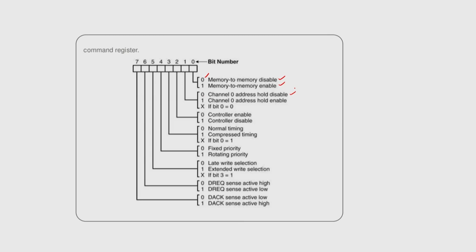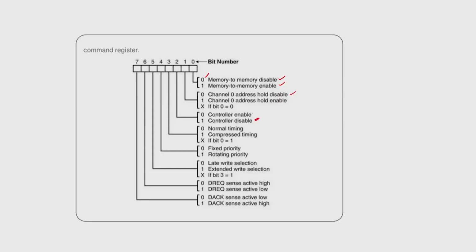The third bit is for the DMA controller, whether we want to enable or disable it. Now, the question is when you want to disable the DMA controller. It depends upon the initialization, whether it is auto initialization or initialization by the programmer. If the programmer wants to initialize, at that time you have to disable this controller.